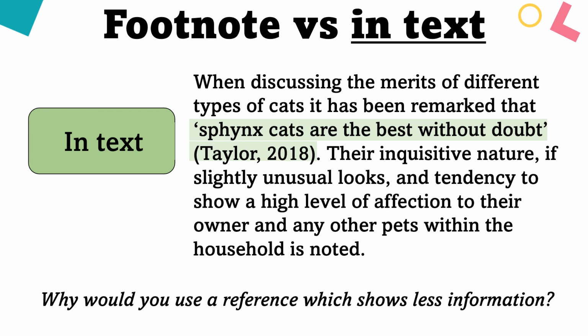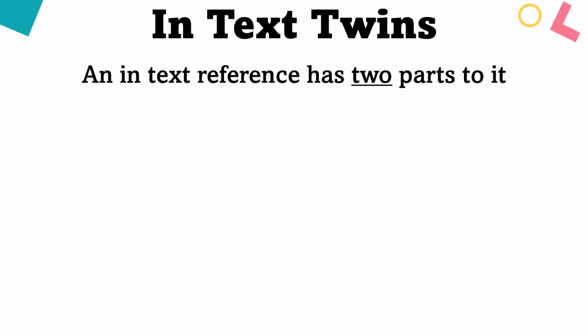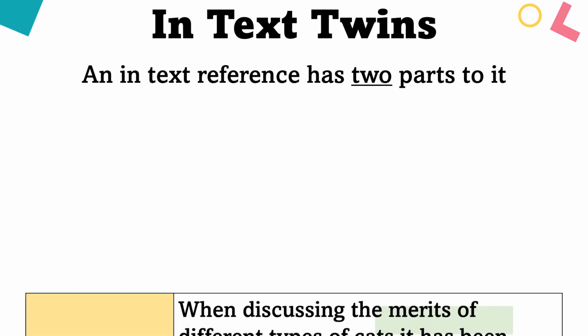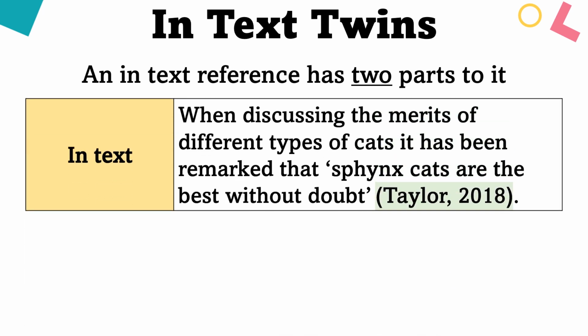In-text references do still require a full, detailed reference, but this lives in the bibliography at the end of the work. Let's take a closer look at that. As I mentioned, our in-text reference has two parts to it. The first part is the reference which features in our text, containing the author and date.